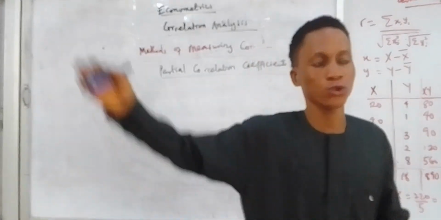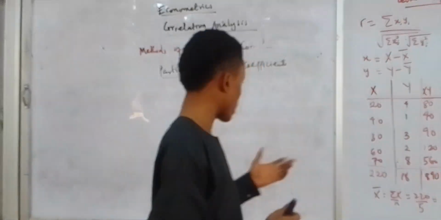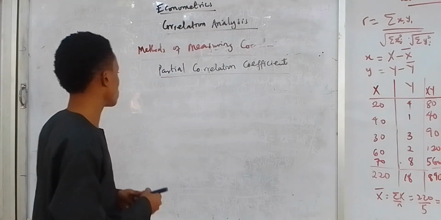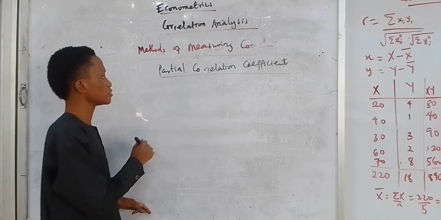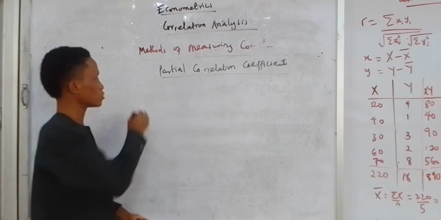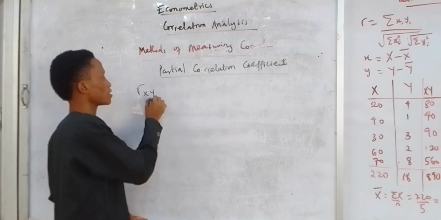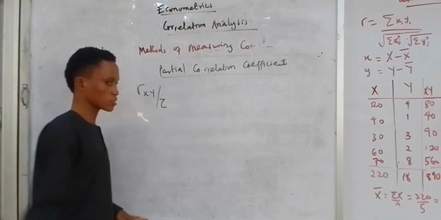While holding all the other factors constant, so you have to hold them constant. Let's assume you are considering the correlation between x and y holding z constant.